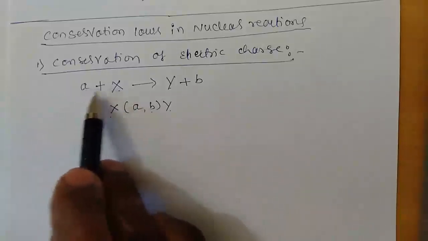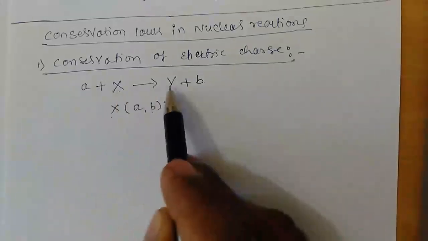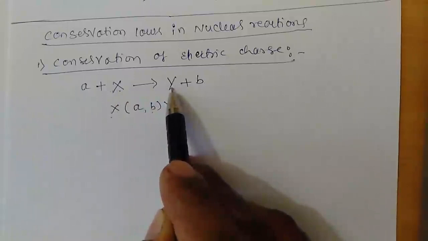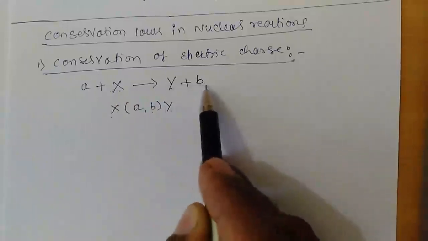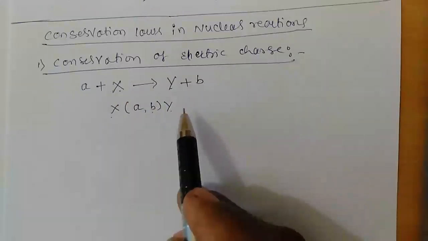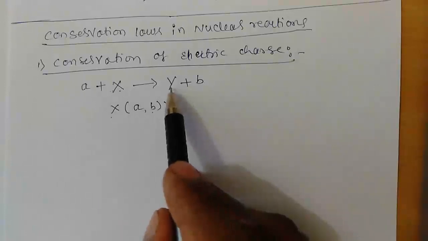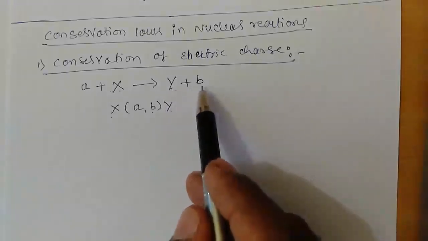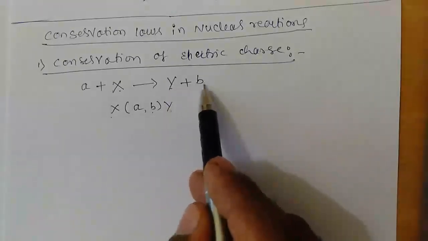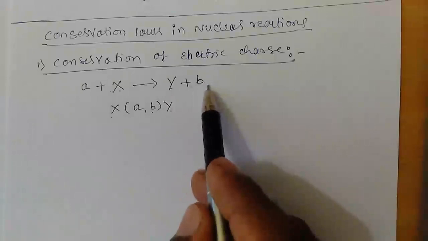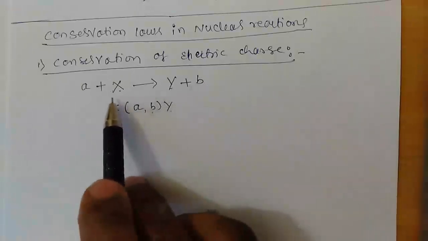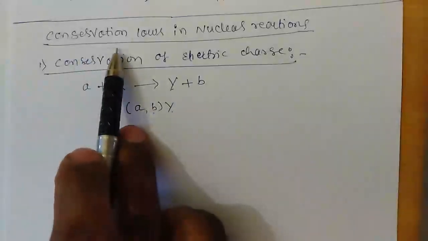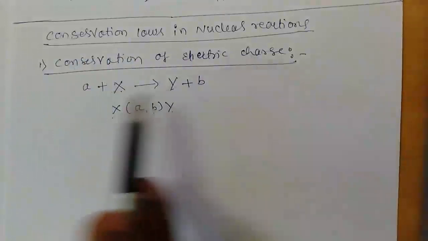The residual nucleus and the ejectile are commonly called the products. That is, after the nuclear reaction, whatever is formed, the residual nucleus and the ejectile, are called the products.